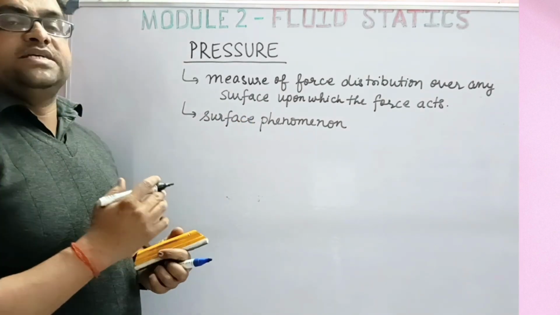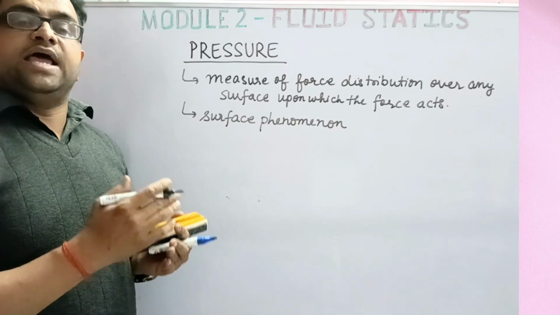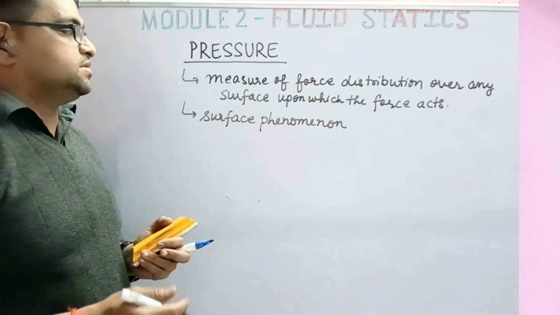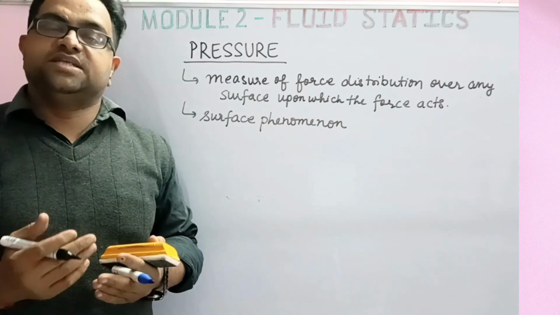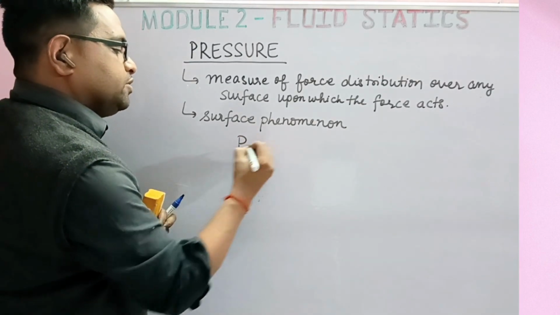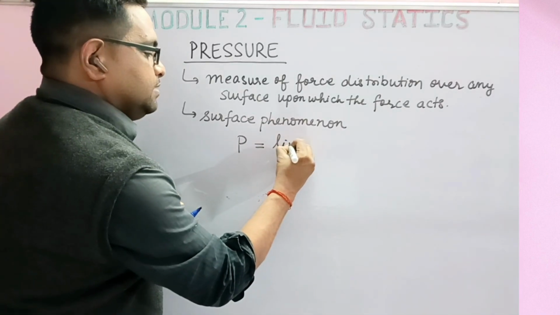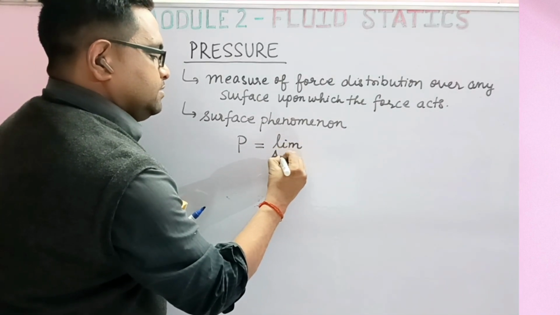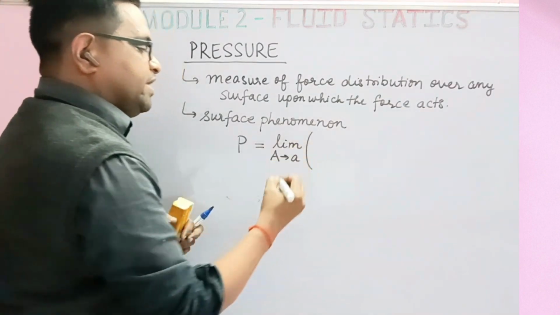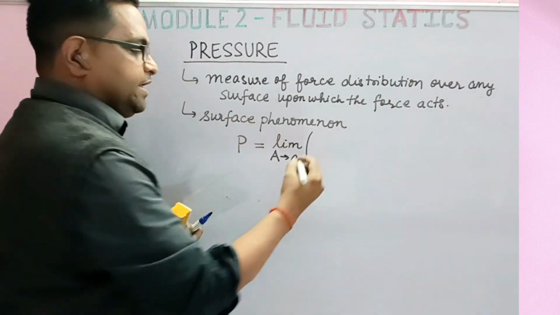In simple terms, pressure may be defined as the force acting along the normal direction on unit area of the surface. And a more precise definition of pressure will be P is equal to limit A tends to small a, we have pressure is force acting per unit area.